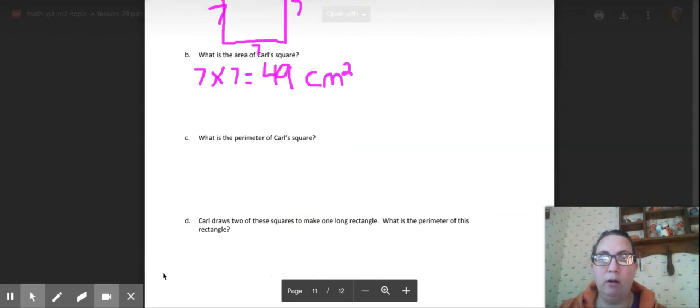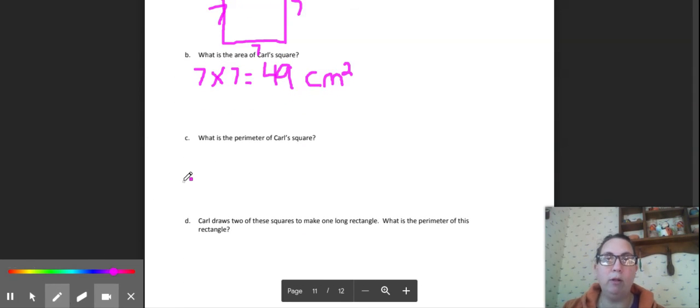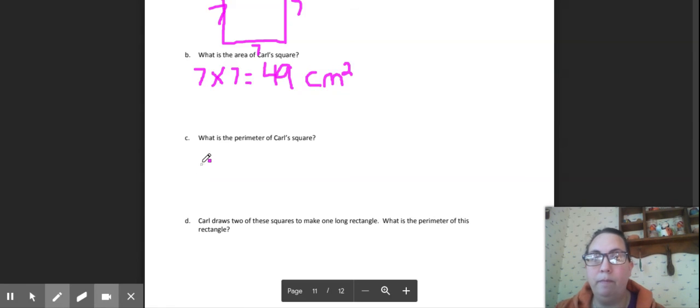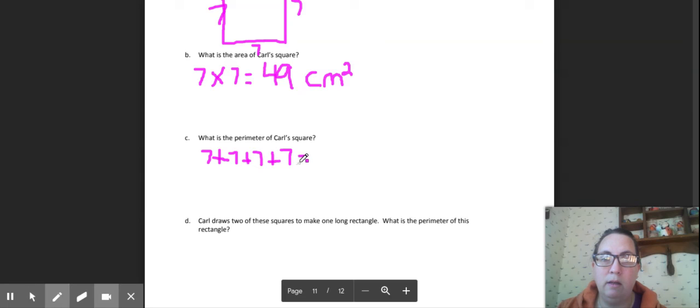C, what is the perimeter of Carl's square? The perimeter is when we add all the sides together. So 7 plus 7 plus 7 plus 7 equals, so 7 plus 7 is 14, and 14 plus 14 is 28. 28 centimeters.